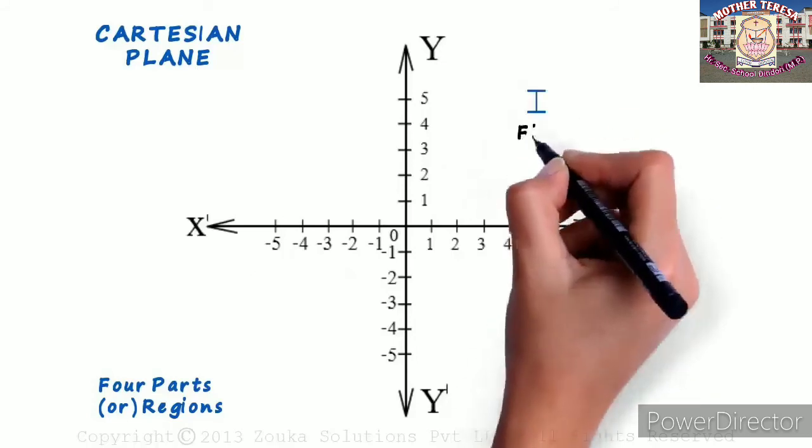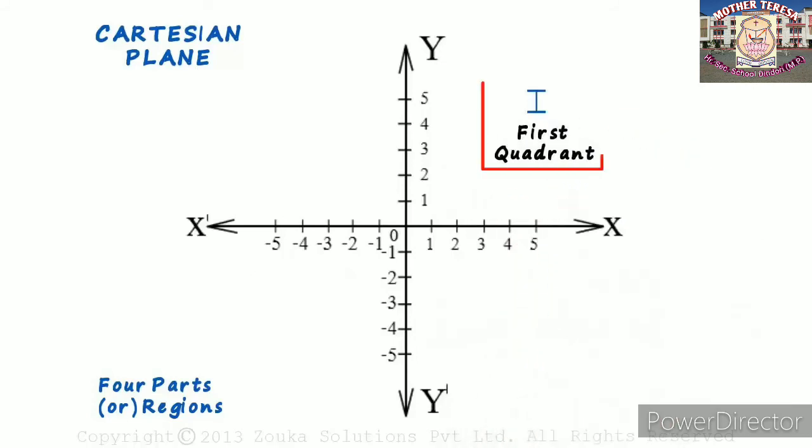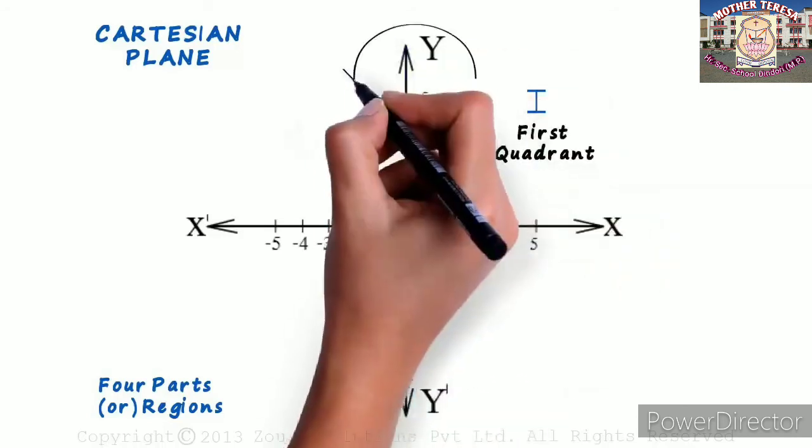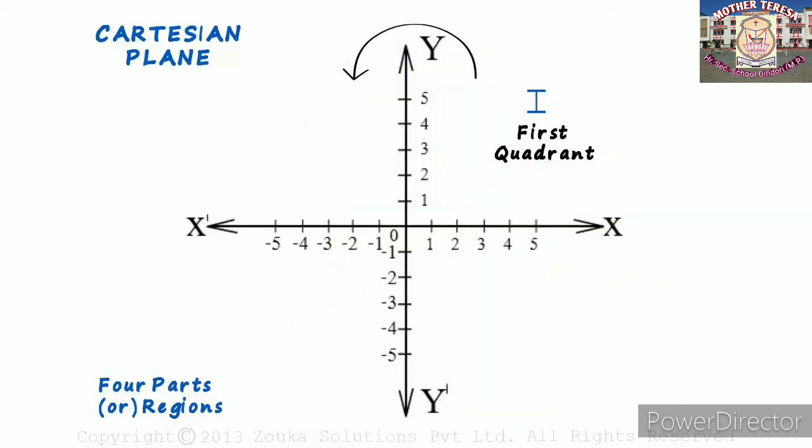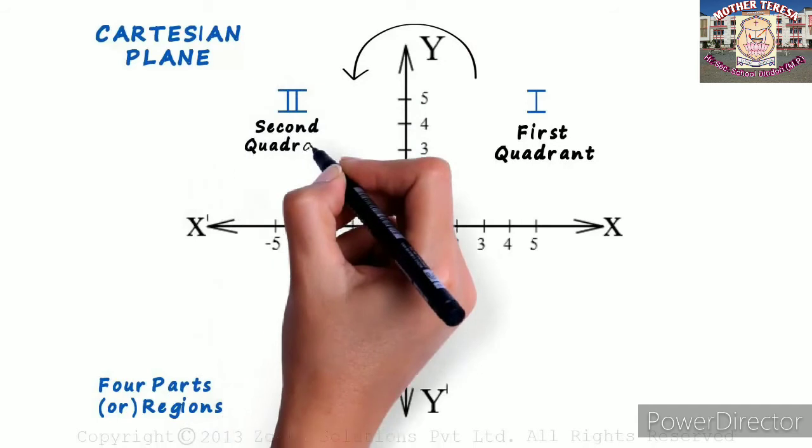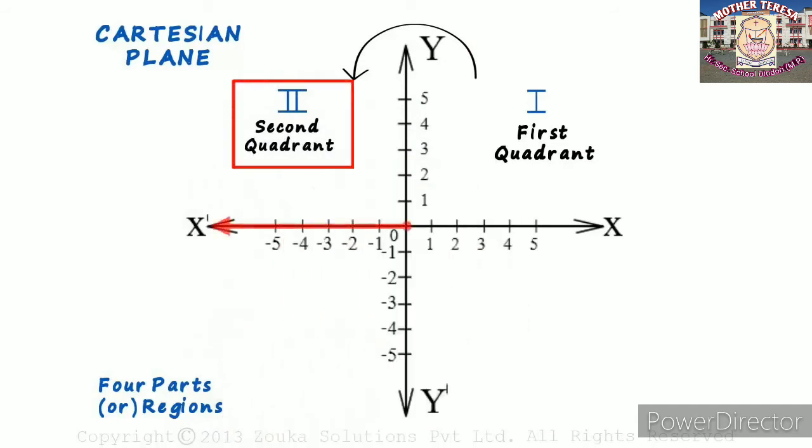This region is the first quadrant. In the first quadrant, as we can see, the x as well as the y coordinates are positive. Moving in the anti-clockwise direction, we name this quadrant the second quadrant. In this quadrant, the x coordinates are negative while the y coordinates are positive.